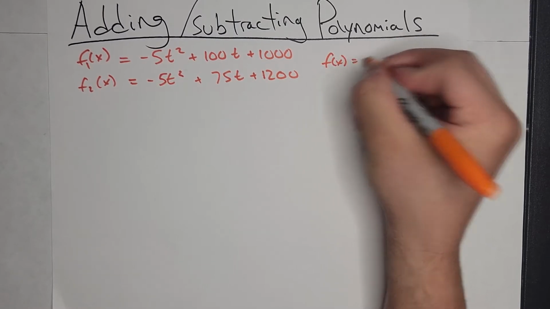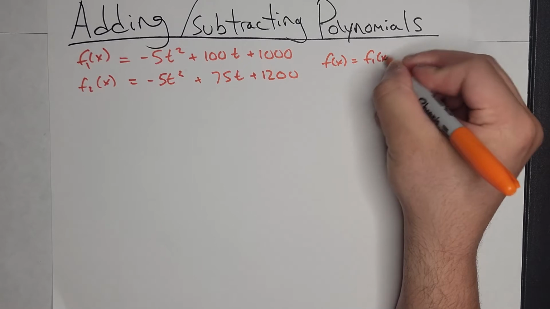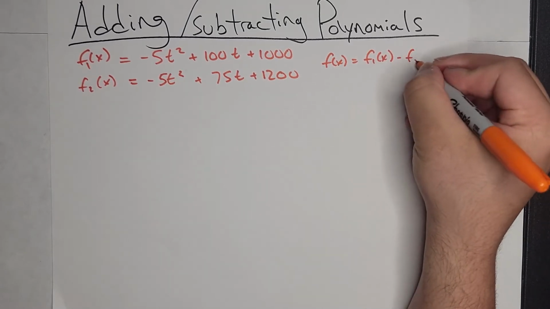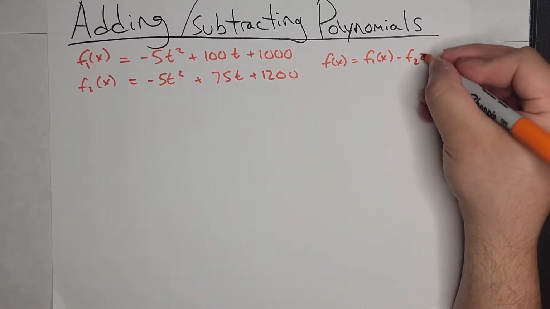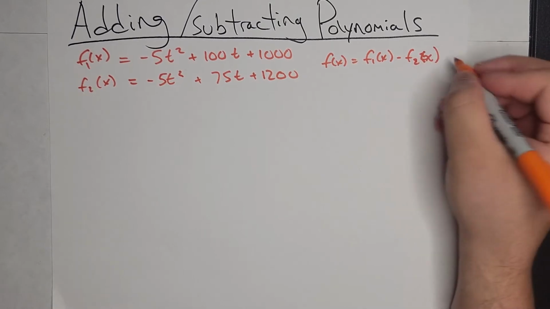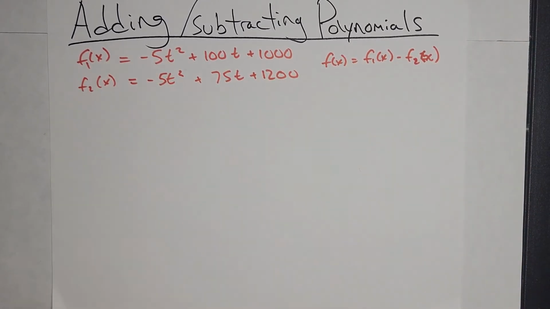F of x is equal to f1 of x minus f2 of x. So that minus that.